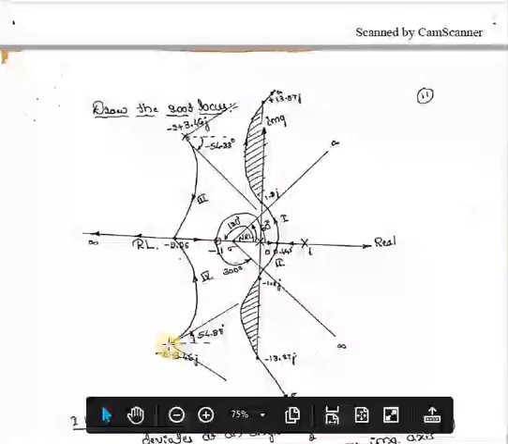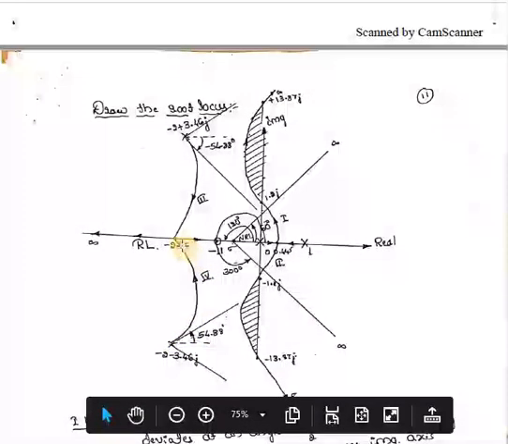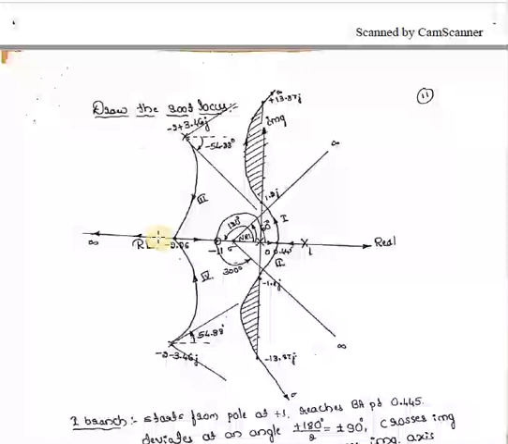Similarly, this route will start from minus 2 minus 3.46j, and it will leave this path tangentially to the angle 54.88. It will reach to the breakaway point, which is at minus 2.26. Then it will tend to infinity. So these are the 4 routes.